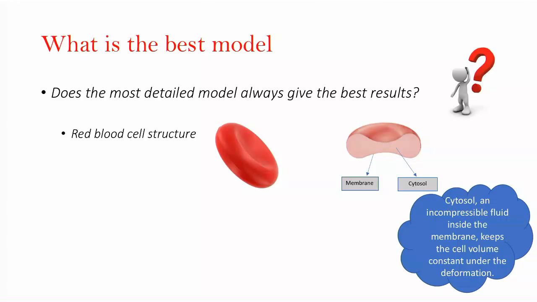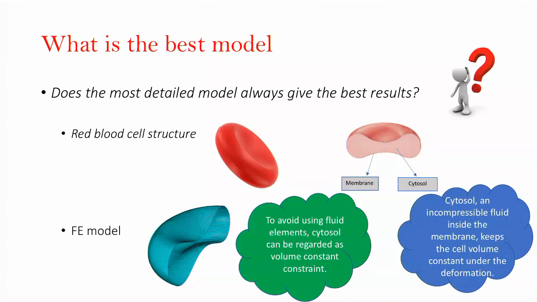So how did I use this important point in my model? When I developed the FEA model, I only modeled the membrane of the cell as a thin shell. And then instead of the cytosol, I just used a simple mathematical constraint. I just used a constant volume constraint to represent the cytosol in my model.